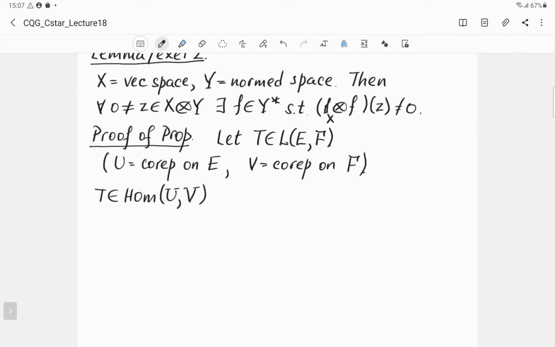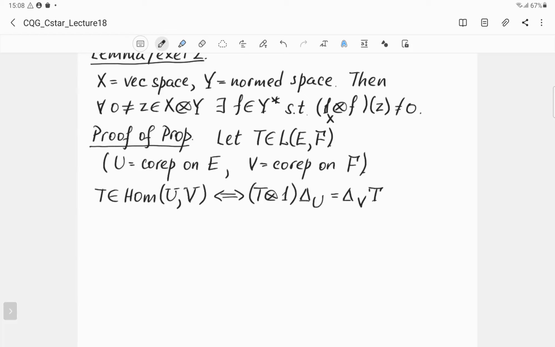At this point, it will be more convenient to use the definition given in terms of the respective delta maps, delta U and delta V. So this is equivalent to the following: T tensor 1 composed with delta U equals delta V composed with T. At the previous lecture, we wrote this formula in the form of a suitable commutative diagram. This is one of the equivalent definitions of a morphism between co-representations.